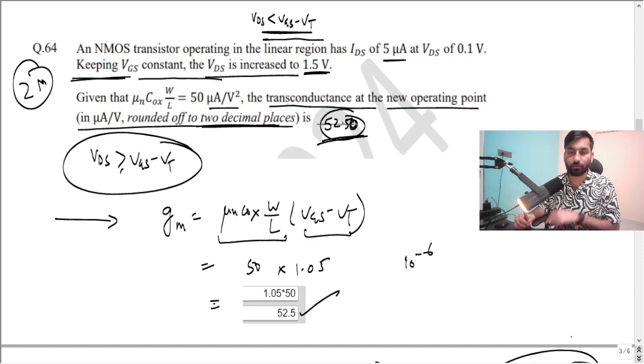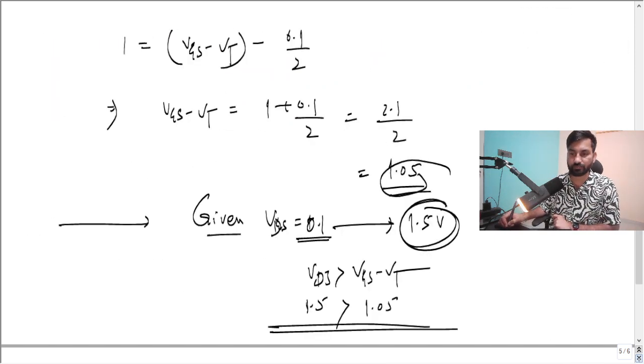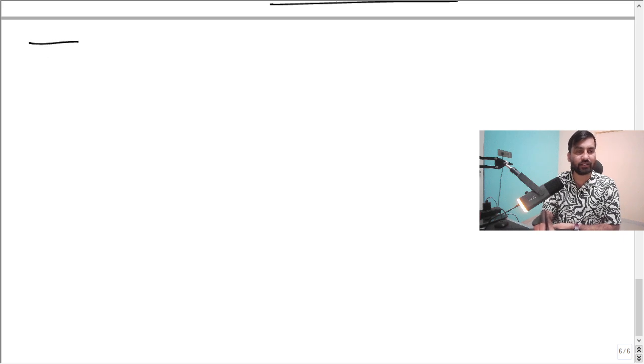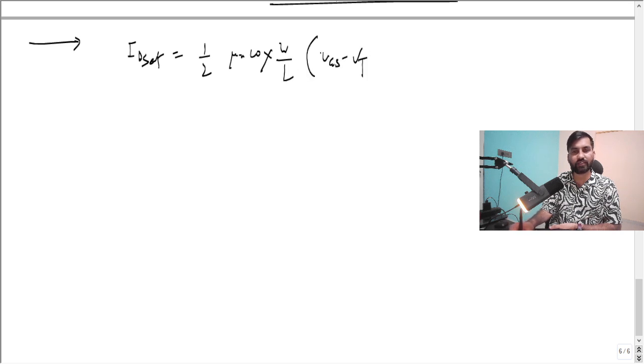Now let me tell you how we have got this gm. Since we know that our transistor is in saturation, ID sat is 1 by 2 μn Cox W by L (VGS minus VT) whole square.